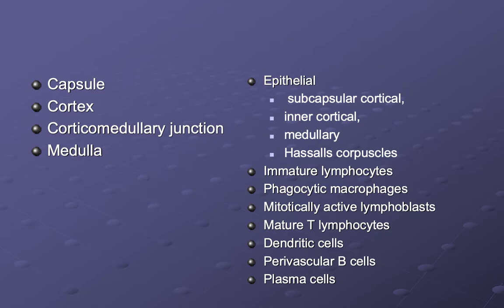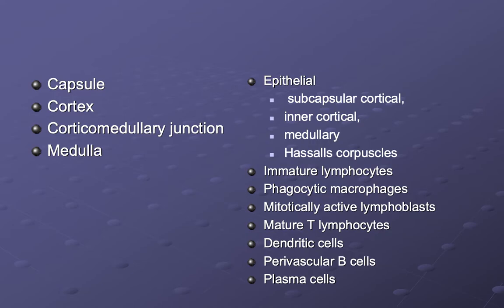The epithelial cells have different types based on where you find them: from just below the capsule, the subcapsular cortical, the inner cortical, and the medullary epithelial cells, transitioning from sheet-like to more voluminous, star-like in shape, and then the Hassall's cells.